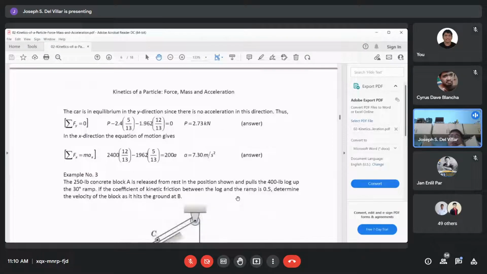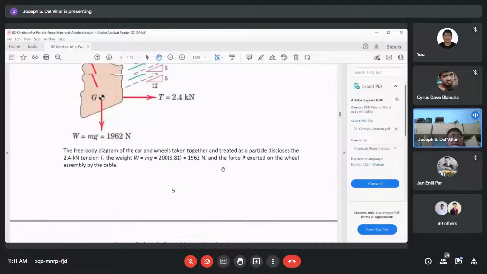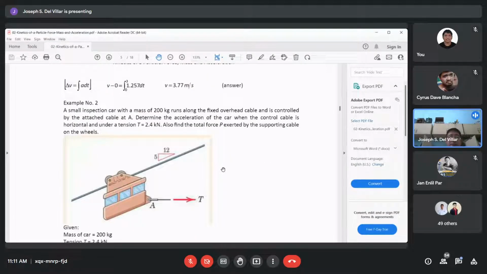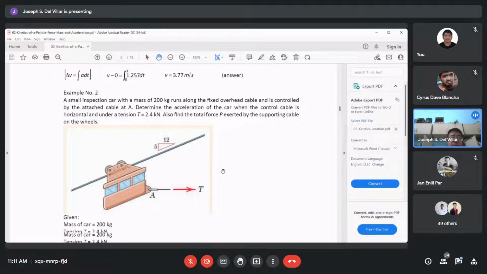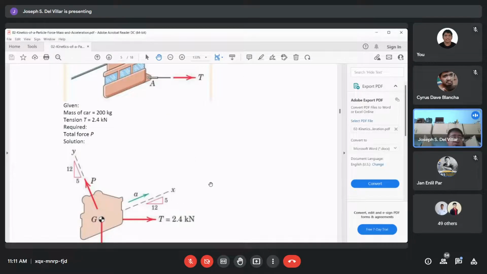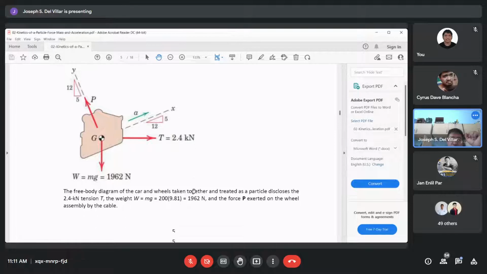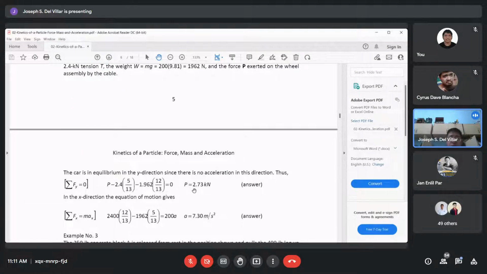So that is the P, the force P, one of the requirements. Total force exerted by the cable on the wheels, because the wheels are on the cable. So that the car does not fall, the cable should exert an upward vertical force equal to 2.73 kilonewtons.